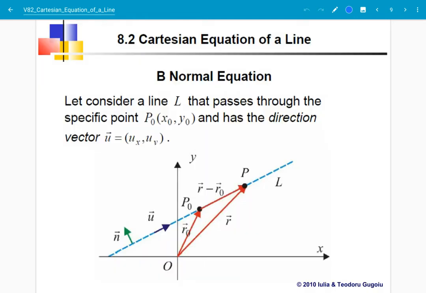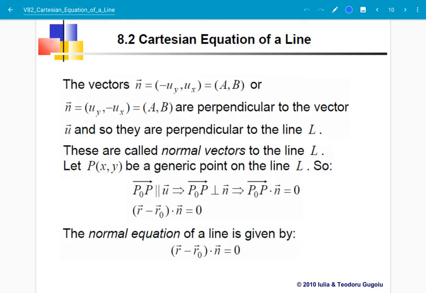Normal equation. Okay, so you can see in green right here, we have a normal. And the idea is that it's perpendicular to u, to p naught p, and r minus r naught. It's perpendicular to the line. The normal, remember the idea of negative reciprocal for slopes.